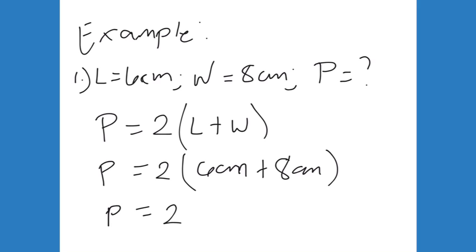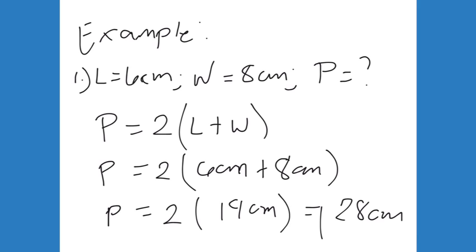P is equal to 2, and get the sum of the length and the width, which is 14 cm, and the perimeter is equal to 28 cm. And this is now the perimeter of a rectangle having a length of 6 cm and width of 8 cm.